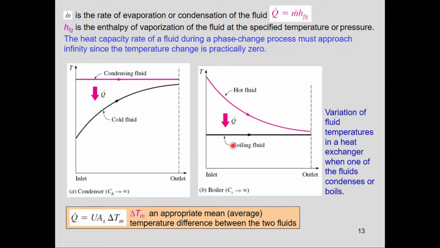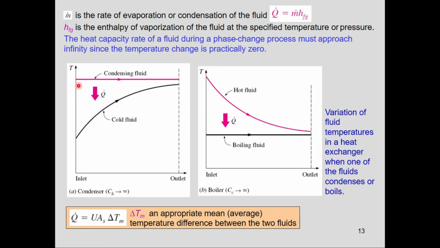First of all, let us try to understand the condensation process or the boiling process. So for example, this is the heat exchanger, that is the inlet and the outlet, and this is the hot fluid and this is the cold fluid, and this is the condensation case.